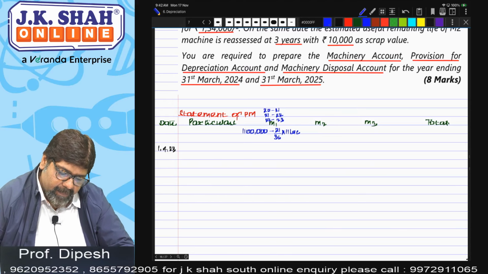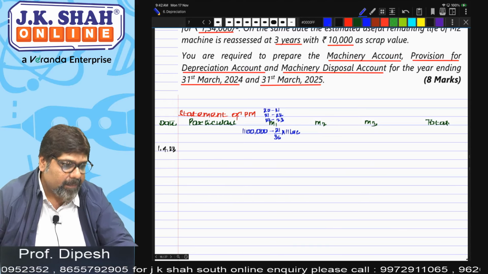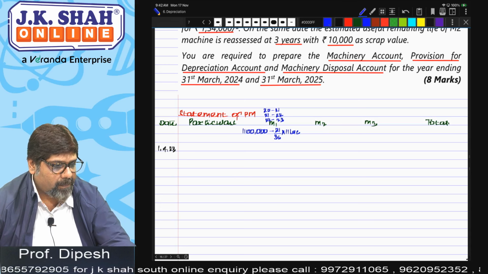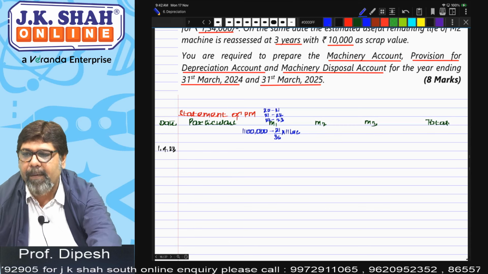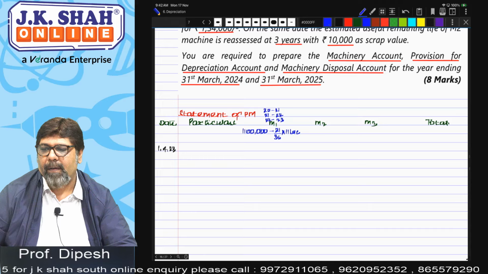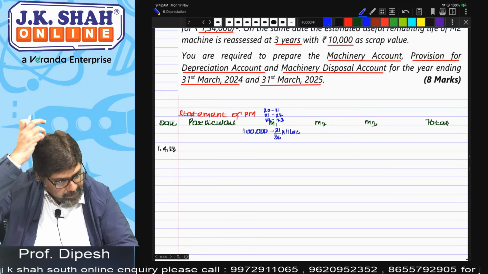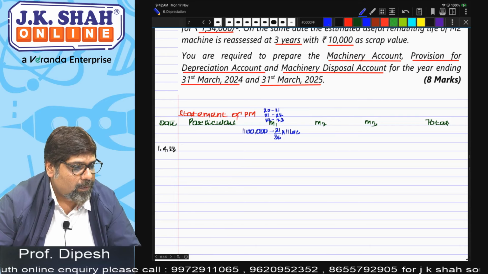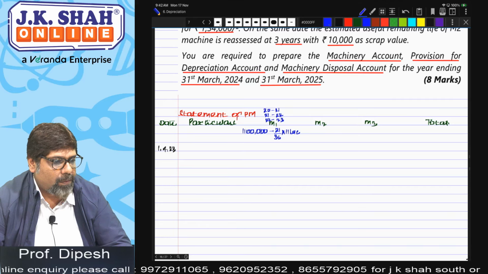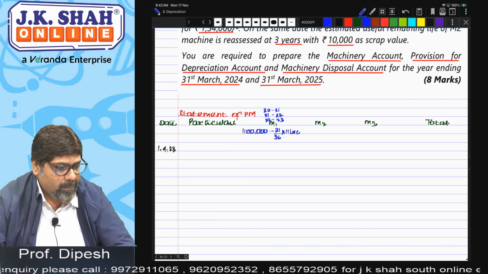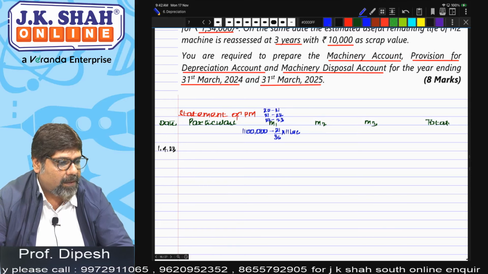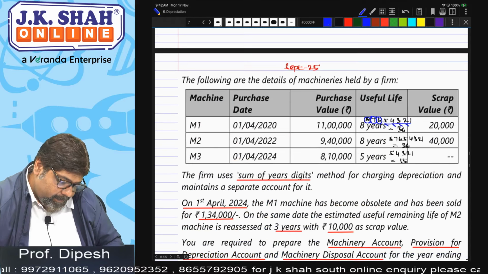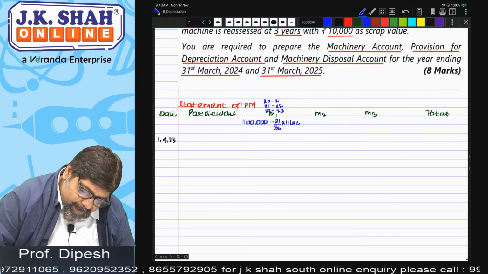11 lakhs minus... Oh, scrap value is also there, no?